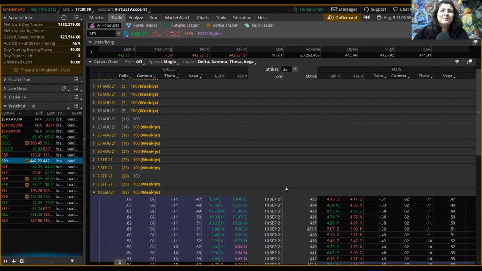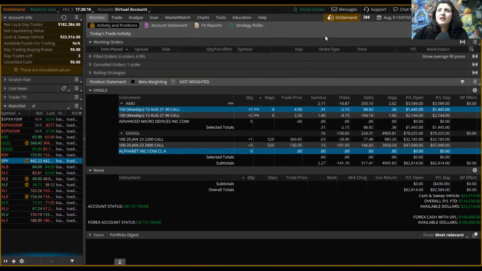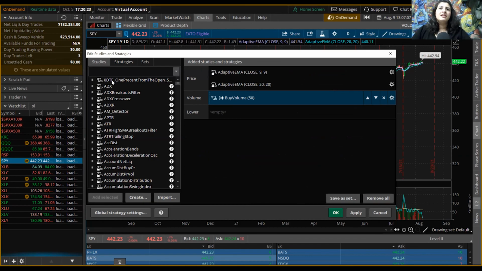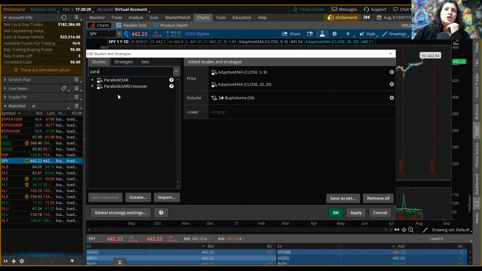What are those parabolic dots? Is that a study on TOS? Yep, it's called parabolic dots. On the studies, it's here. I always just put in para. So it has the parabolic SAR and then the crossover.